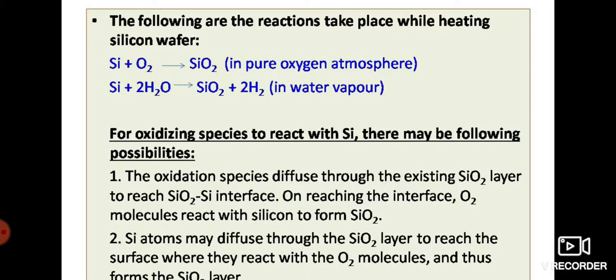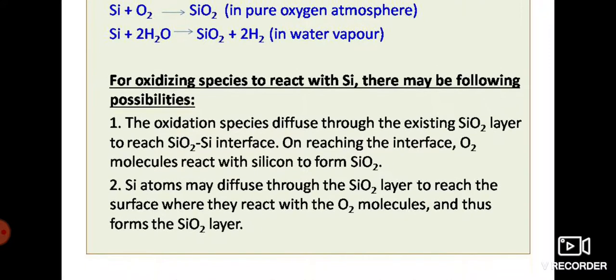Now, for the oxidizing species, which may be oxygen or water vapor, to react with silicon to form silicon dioxide, there may be the following possibilities.